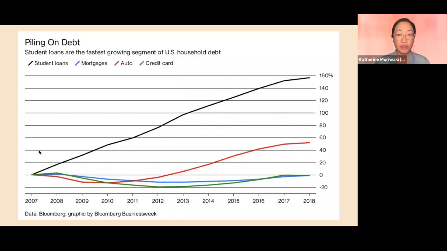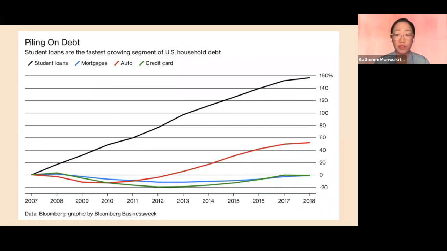And another thing that's actually driving that wealth gap as well is student loan debt and the cost of higher education. This is a graph that shows how much debt in the United States these days is being carried by the general population.